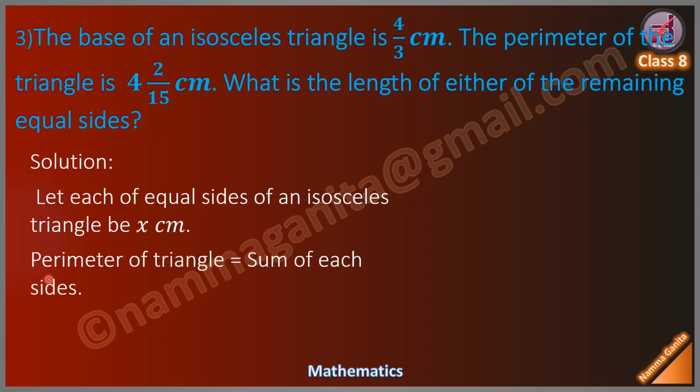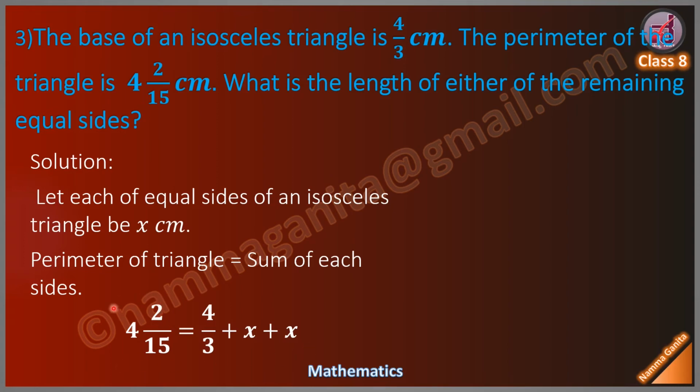We know perimeter of the triangle is sum of all sides. Perimeter is given, substitute the value: 4 2 by 15 equal to base, 4 by 3, plus sum of two equal sides, x plus x. Simplify this.